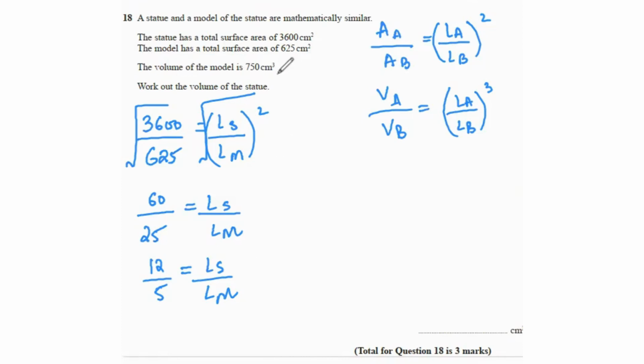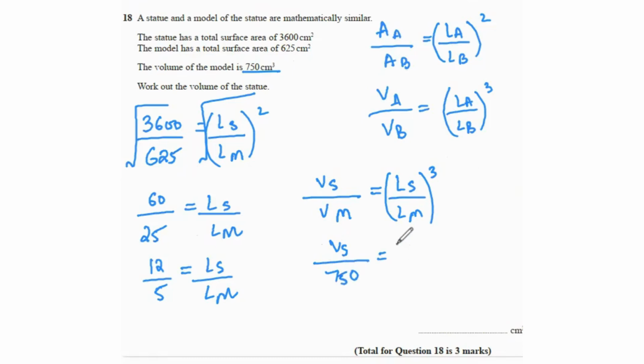Now they want the volume of the statue and the volume of the model is 750. So volume of statue divided by volume of model is equal to length of statue over length of model being cubed. Volume of statue is the unknown value. Volume of model is 750. 12 over 5 whole cube.